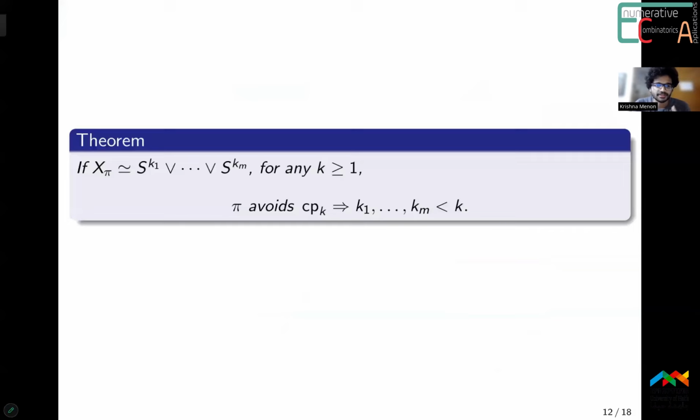So more concretely, what I'm trying to say is that if you start with the permutation pi, and X pi is homotopic to this wedge of spheres, SK1 wedge SK2, and so on, then if pi avoids the pattern CPK, that is, if pi does not contain CPK, then all these values K1, K2, and so on must be strictly less than K. That is, pi cannot have SK in this wedge decomposition unless pi contains the pattern CPK. So CPK is the only way in which you can construct the sphere of dimension k in this context. So this, I think, is a pretty nice result.